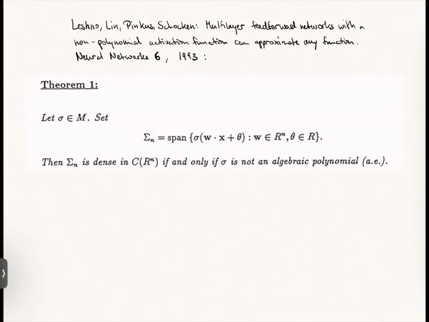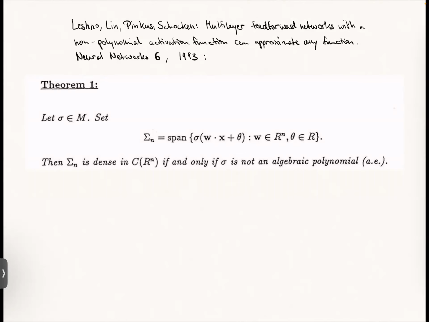So this is just taking the inner product with a vector and then adding some bias and then applying your activation, okay? And the linear span of this is dense in the space of continuous functions if and only if sigma is not a polynomial. So in particular, if it wants to be dense in the continuous functions, then that linear span should be pretty infinite dimensional.